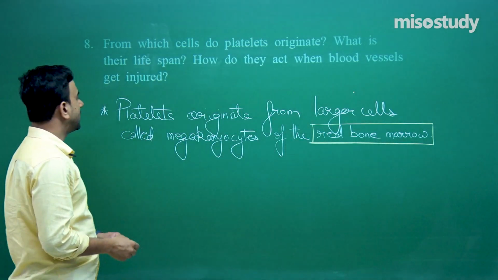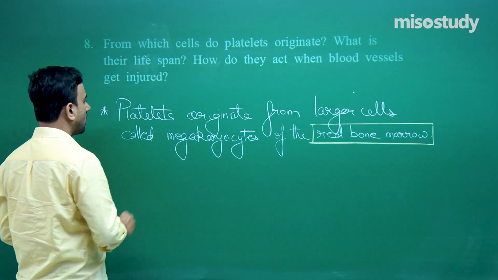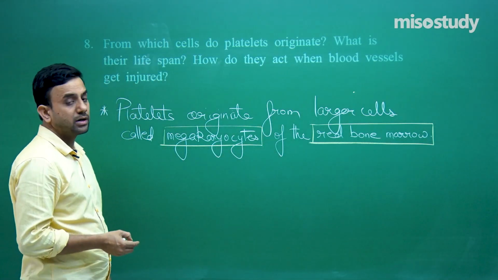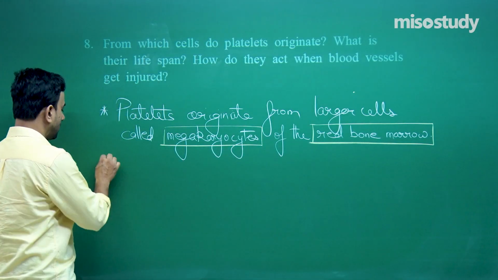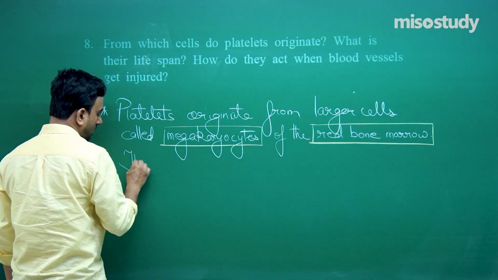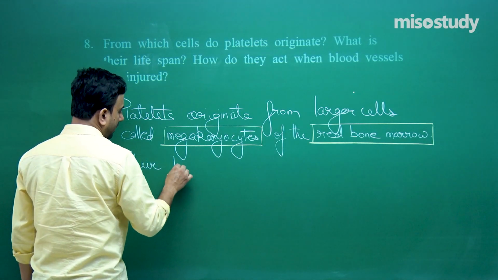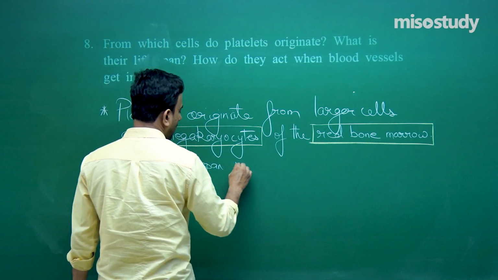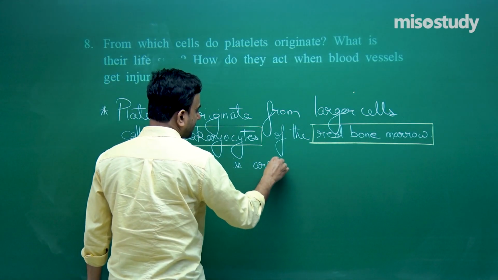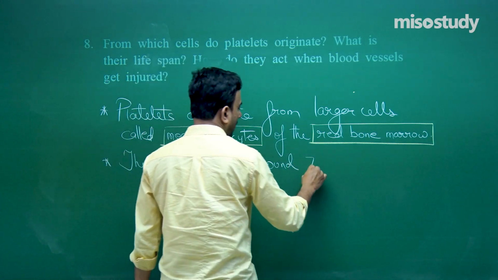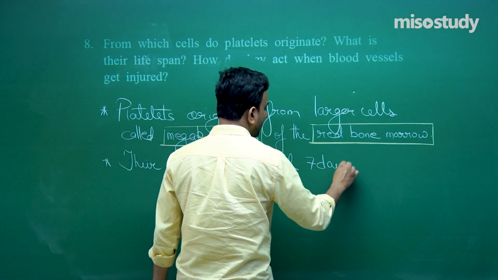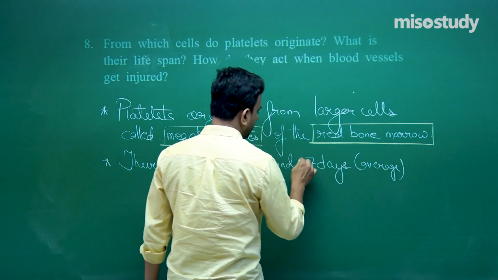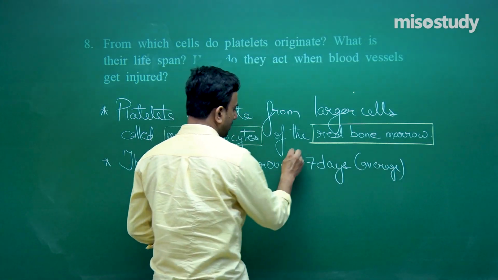So, platelets originate from larger cells called megakaryocytes of the red bone marrow. Their lifespan is around 7 days, this is the average. They say 3 to 7 days.